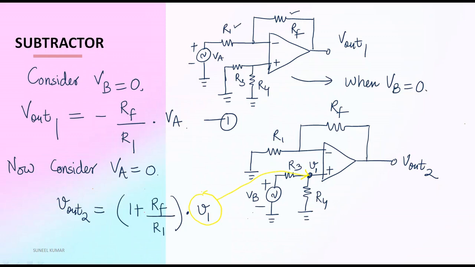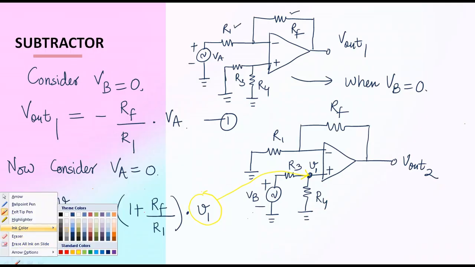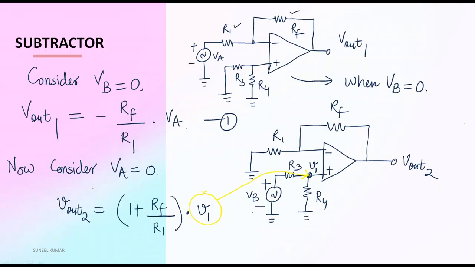For this we have to analyze the voltage divider rule. We must know the voltage divider rule, so first we will understand what the voltage divider rule is. We can consider this particular circuit separately.